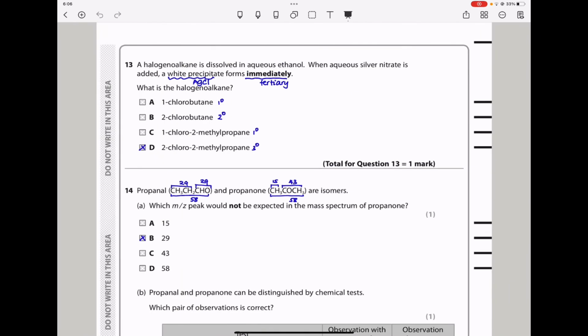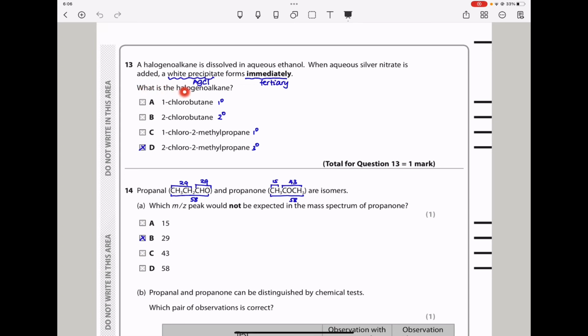Moving on. Question 13. A halogenoalkane is dissolved in aqueous ethanol, and when aqueous silver nitrate is added, a white precipitate forms immediately. When they say a white precipitate forms when silver nitrate is used, I think of silver chloride. However, they've said that it forms immediately, and that tells me this is going to be a tertiary halogenoalkane.